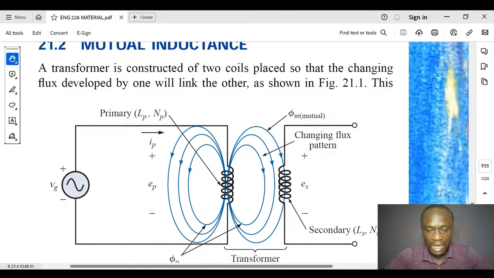So for mutual inductance, look at what I've been discussing here. This is the transformer we are talking about, and this is the voltage source, just like the screen I showed, and I ran some with it. This is the one I simulated that I showed you.